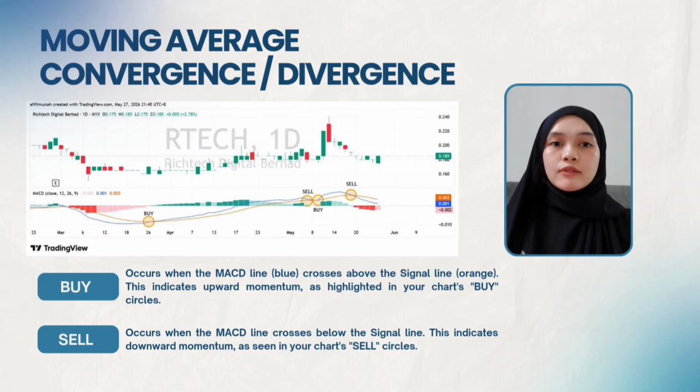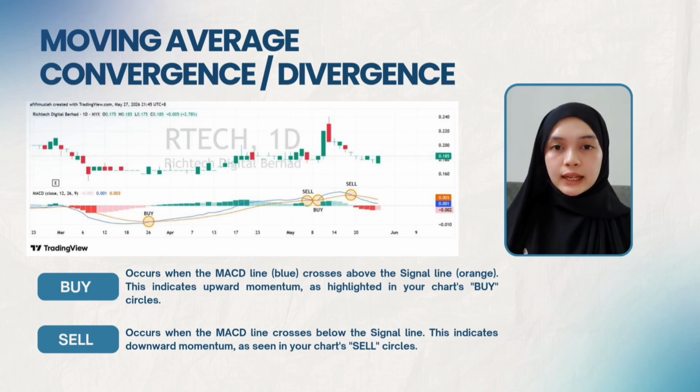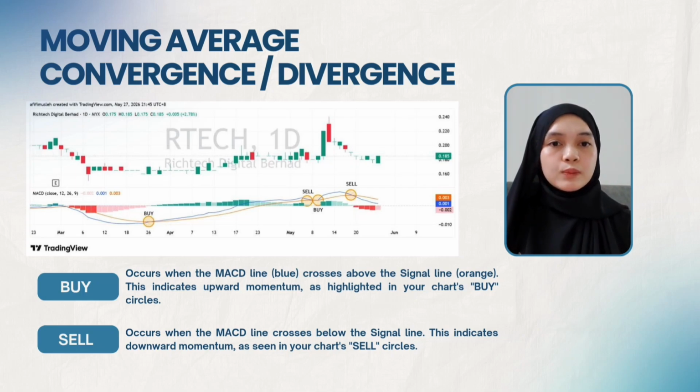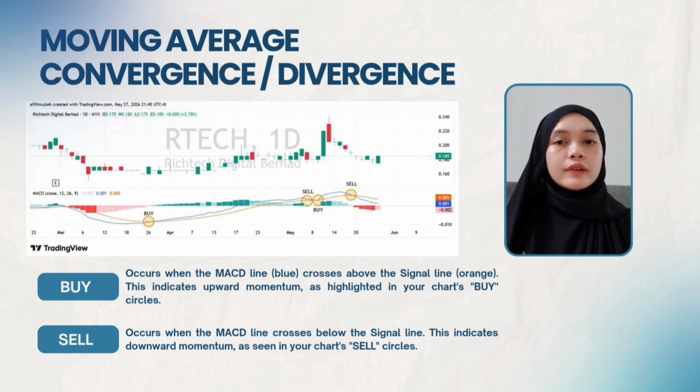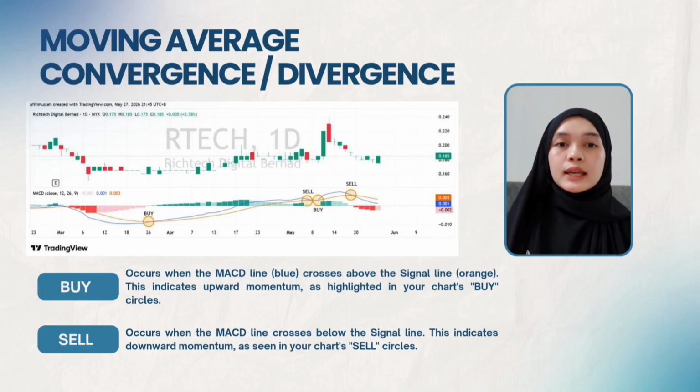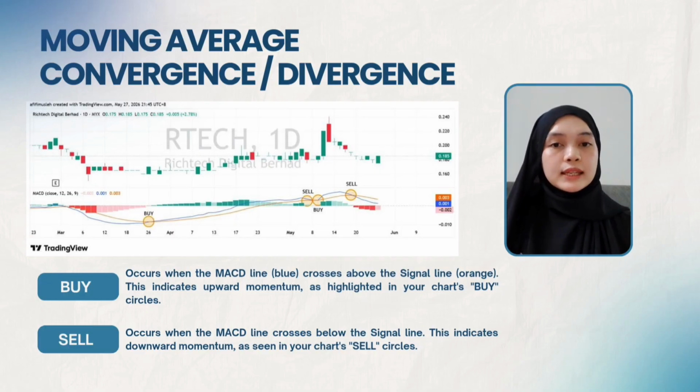If you direct your attention to the bottom section of the screen, you will see two colored lines flowing up and down together. The fast-moving blue line is our actual MACD line, which tracks recent price changes very quickly, while the slower yellow line is our signal line, acting as a smooth, steady guide.